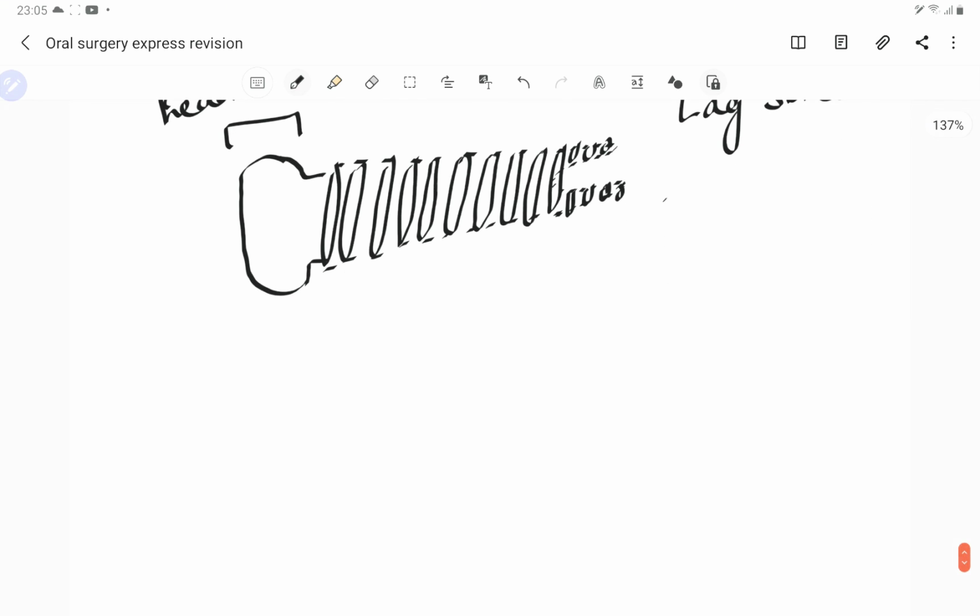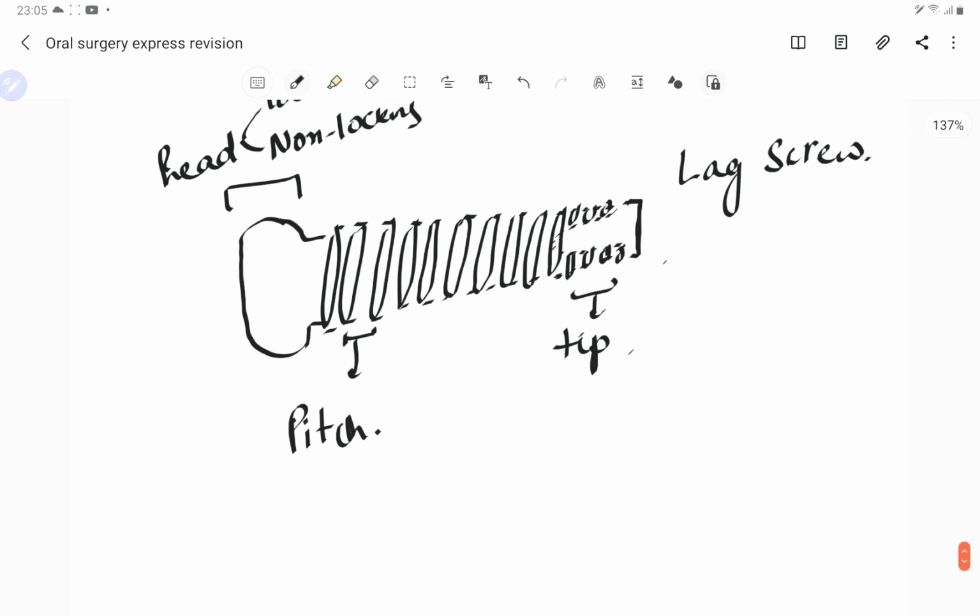Then the distance between the two threads is what we call the pitch. Then we have the tip. This is the tip of the lag screw or the screw. There are two diameters. One is the inner diameter, which we call the core diameter. The other diameter is this one, which we call the outer diameter.